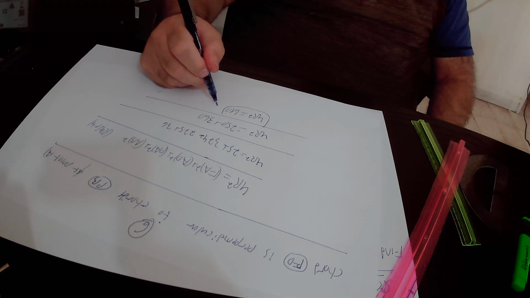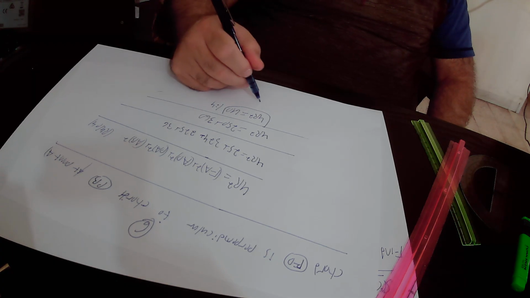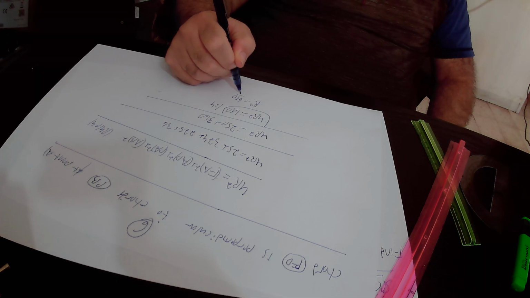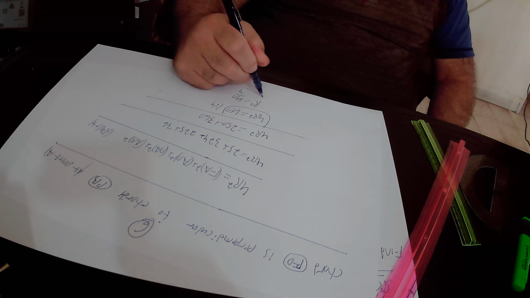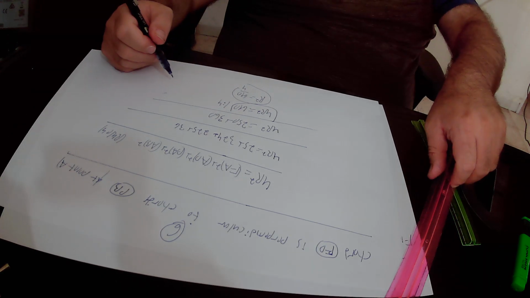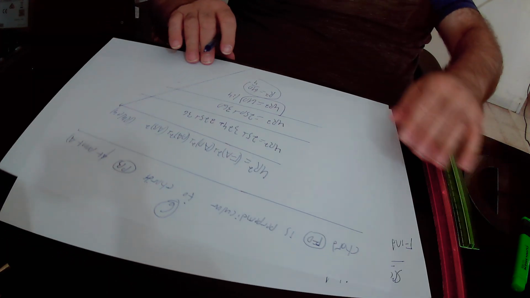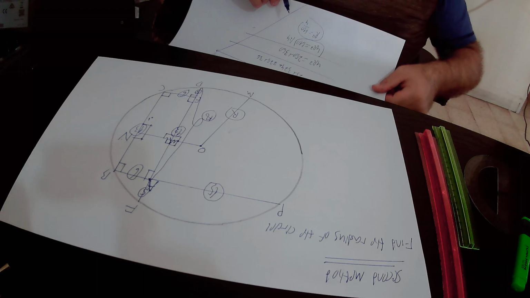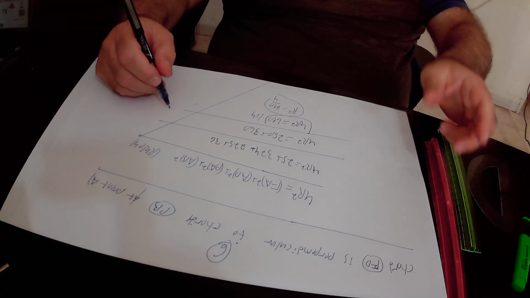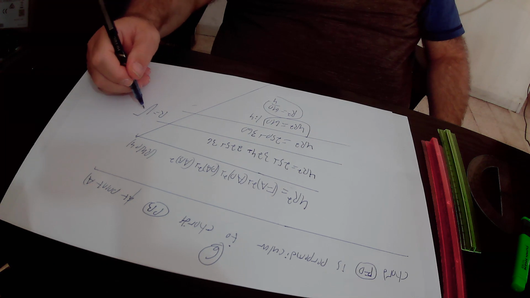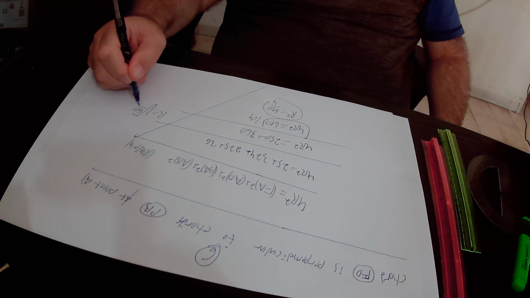We'll divide this equation by 4 and get that R squared equals 610 over 4. Here we'll take a root of this equation, and we get that the radius of this circle, capital R, equals the square root of 610 over 4.